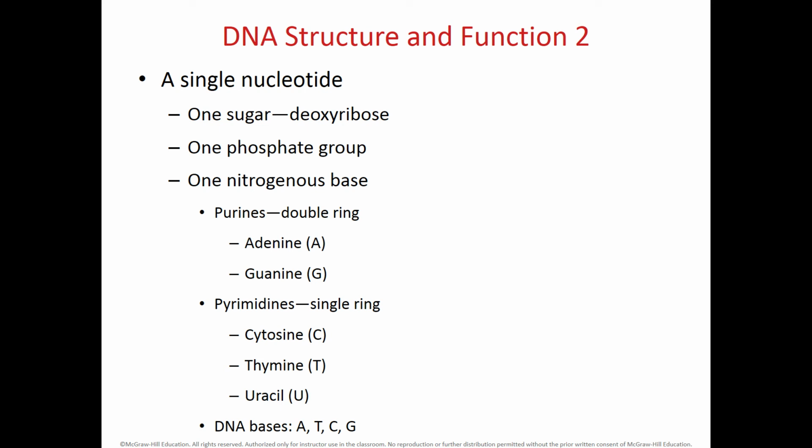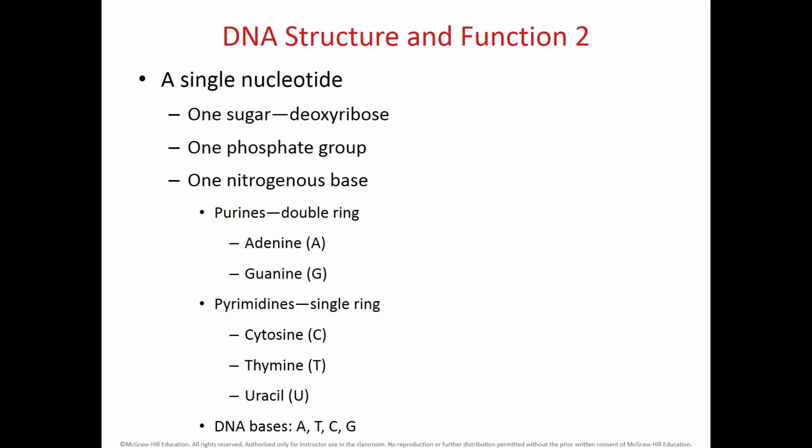Now the pyrimidines have a single ring, and they are named cytosine, abbreviated C, and thymine, abbreviated T. Cytosine and thymine are found in DNA, while uracil, which is another pyrimidine, is found only in RNA.